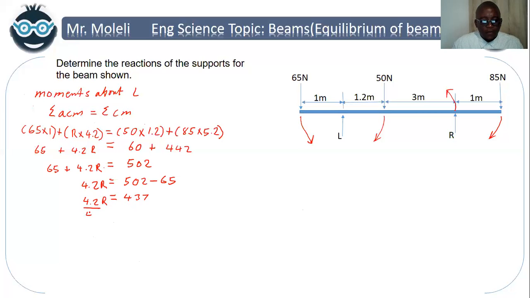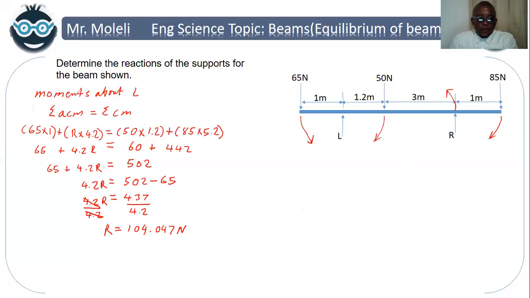You divide by 4.2 both sides, and your R value will be 104.047 newtons. That's the magnitude of R, good people.